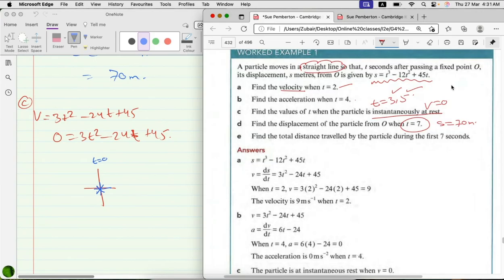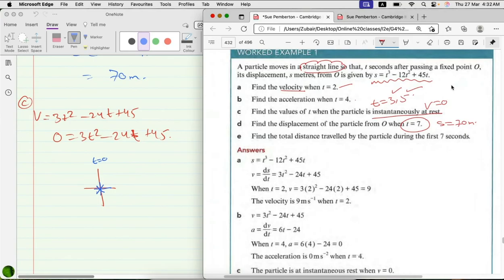For three, it should be 54 meters: 3 cubed minus 12 into 3 squared plus 45 into 3. Yes, 54.